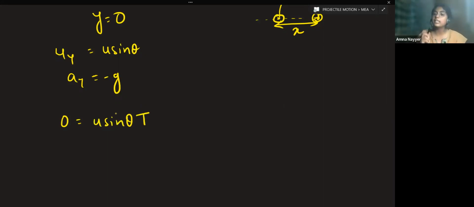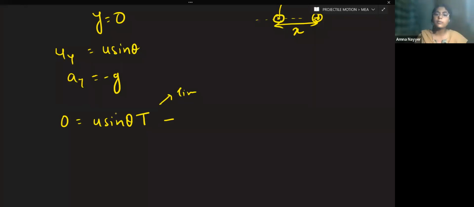Since y is 0, the time is the time of flight, because when you put y as 0, your equation defines this journey. Y at 0 means you have landed, and when you land, the total duration we call the time of flight. So now we can use this capital T to denote the time of flight.